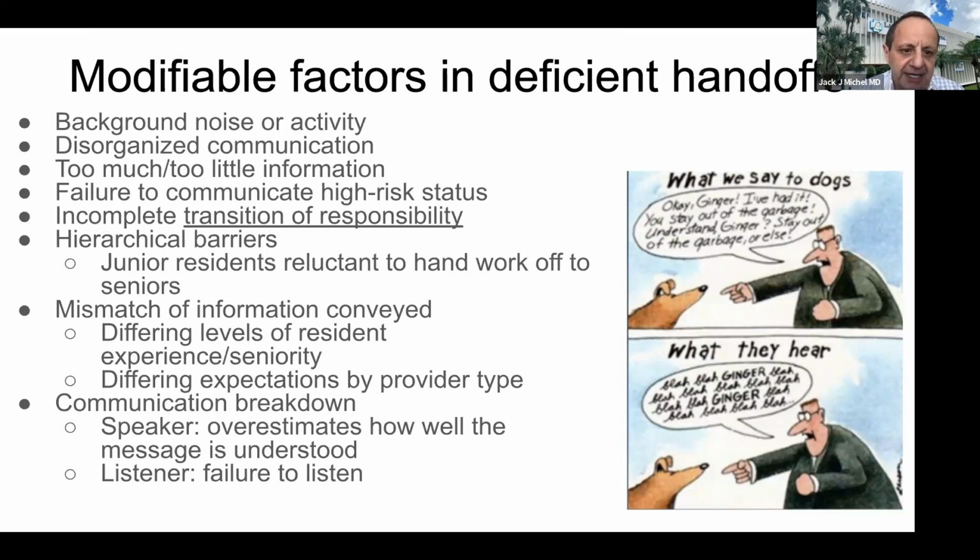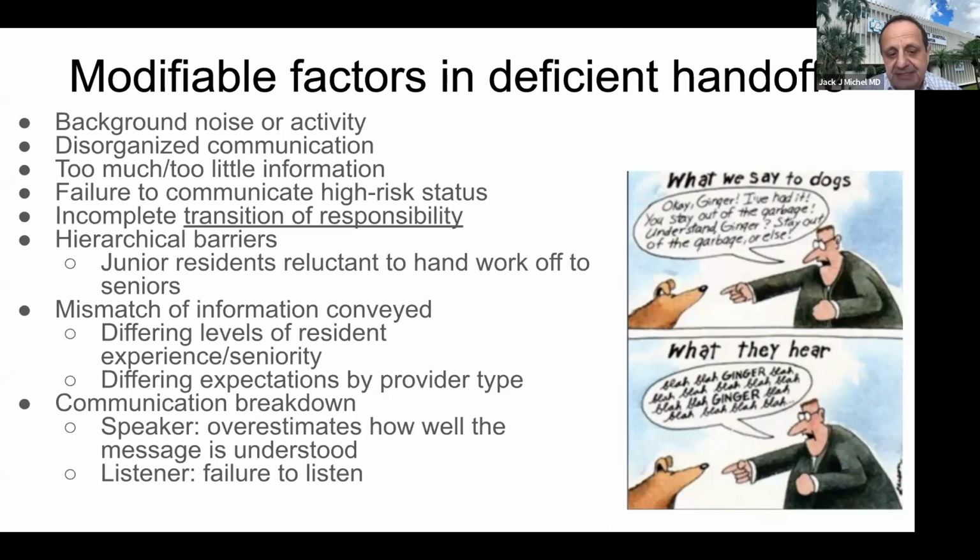So they may not want to tell the senior, you've got to do this and that, and they forget to give them something that's key. A mismatch of the information conveyed: depending on the level of seniority, the resident may not be prepared to provide the information. Differing expectations by provider type, like we said above.